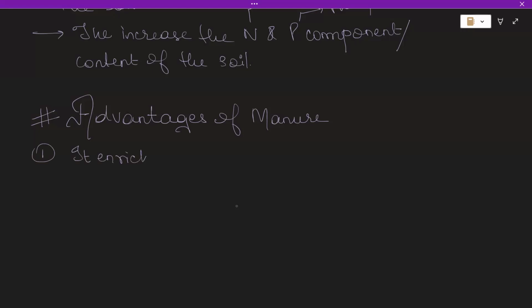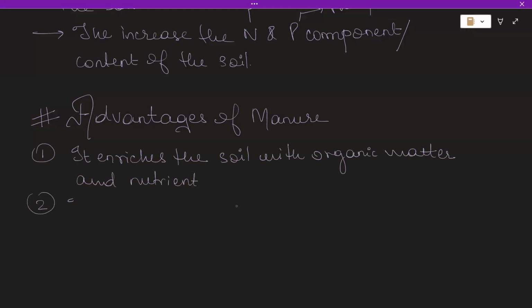First of all, manure enriches the soil with organic matter and nutrients. Then secondly, it increases the soil fertility.